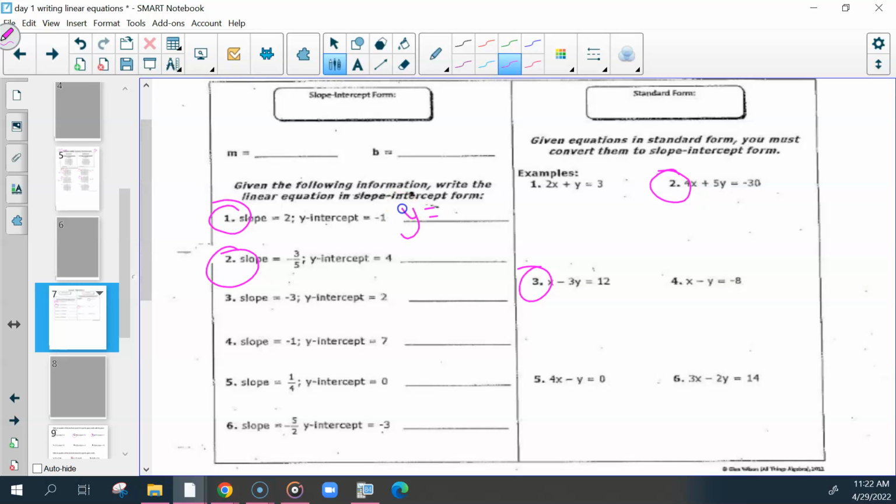Y equals 2x minus 1. How would we write number 2? This is a negative. Y equals -3 over 5x plus 4.